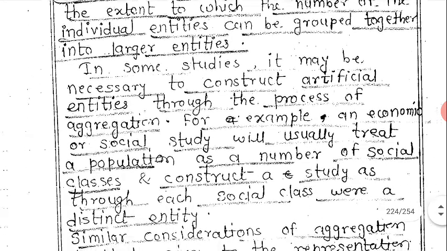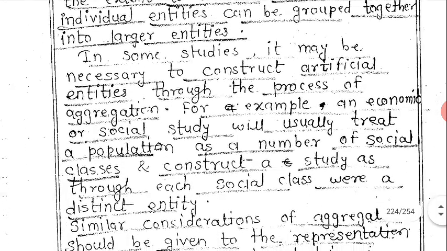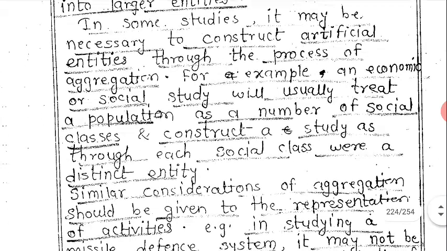In some studies it may be necessary to construct artificial entities, that is, we make a group of entities and name it a new artificial entity through the process of aggregation, which makes the work simpler.